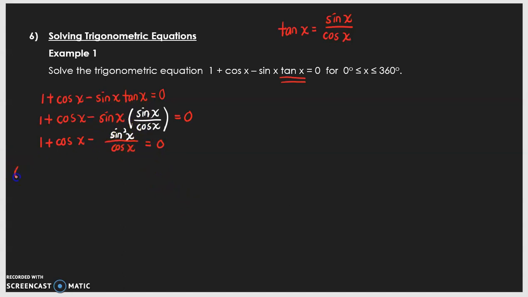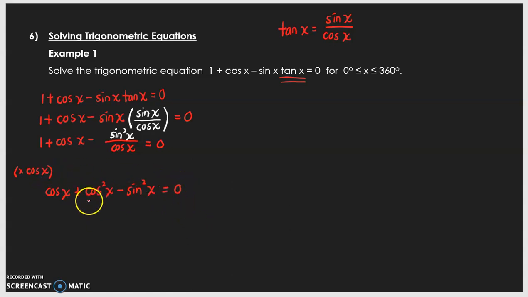Then I will multiply all the terms with cos x in order to cancel out this denominator. So what I have here is cos x times 1, cos x, times cos x, cos squared x, sine squared x over cos x times cos x is negative sine squared x is equals to 0 times cos x is 0.